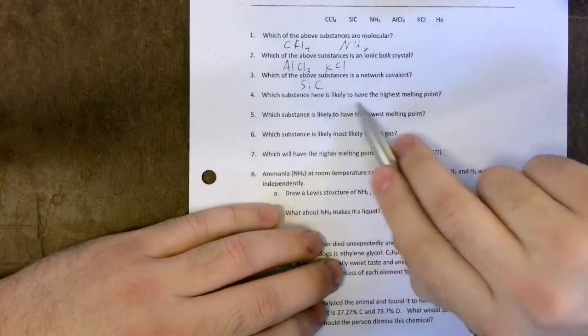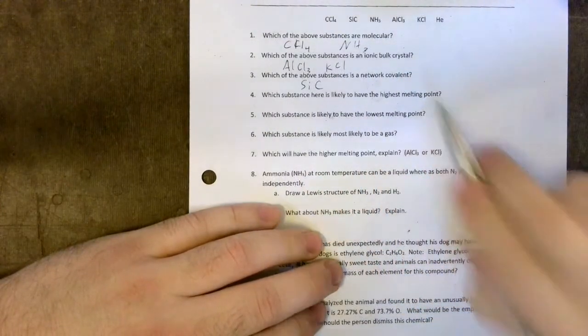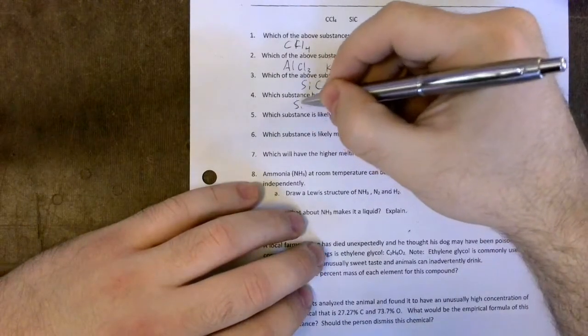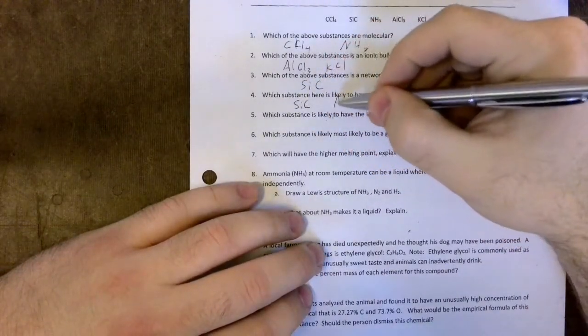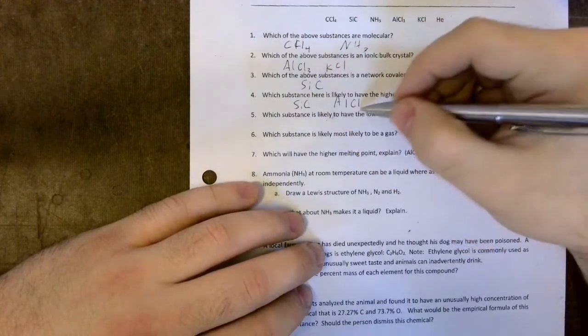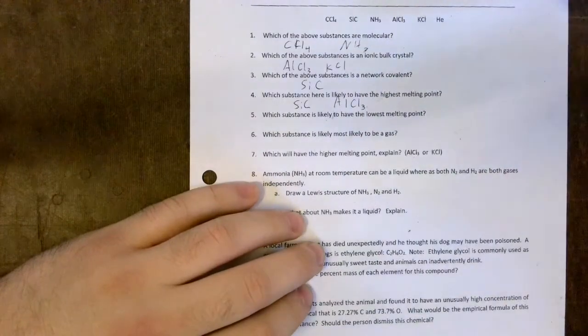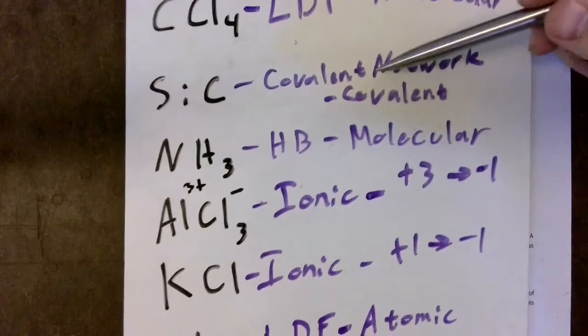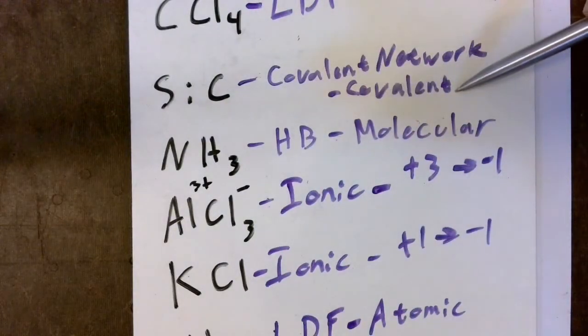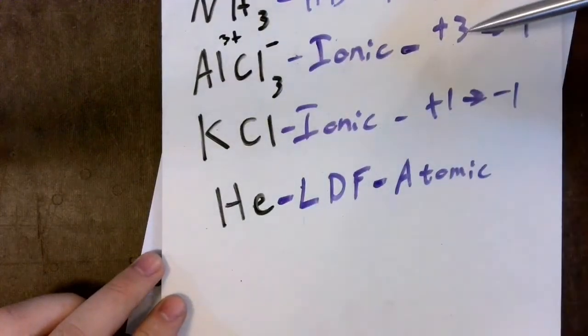Which substance here is likely to have the highest melting point? Ooh, that's going to be kind of a toss-up between silicon carbide and aluminum chloride. The reason is that SiC is going to have to break a covalent bond in order to melt, and this ionic solid is going to have to break an ionic bond in order to melt.